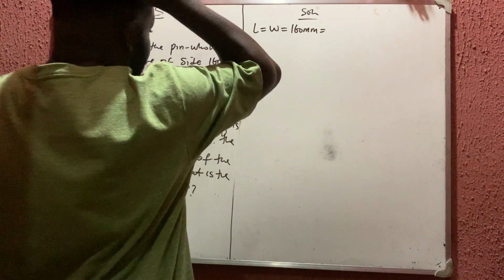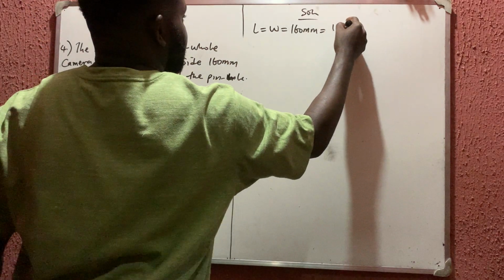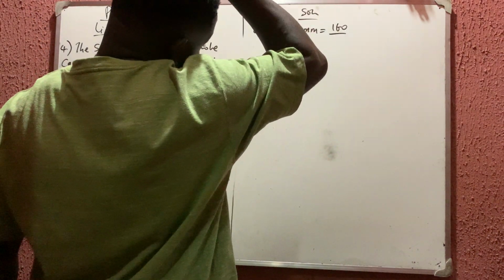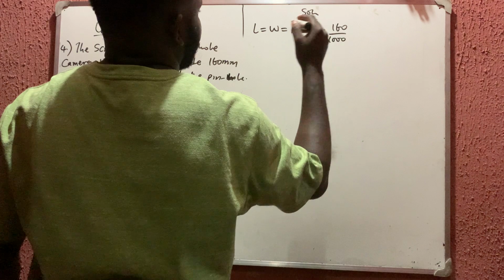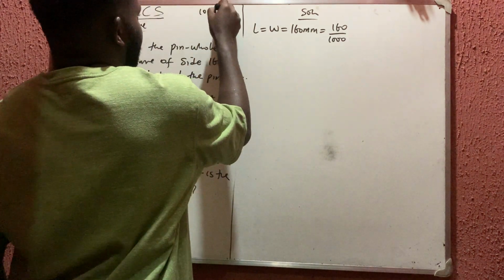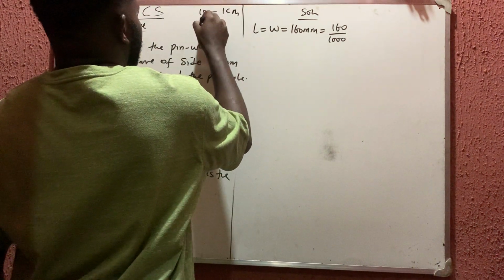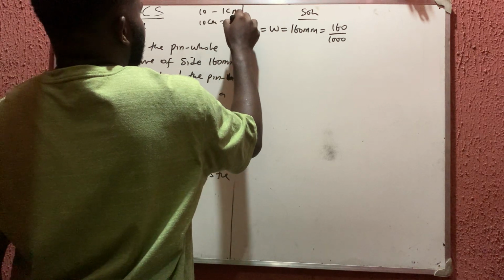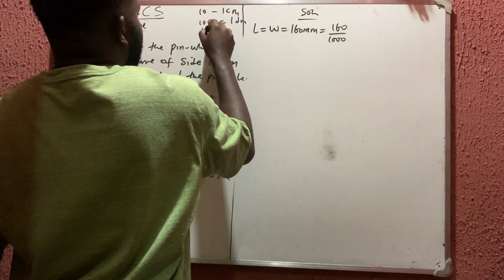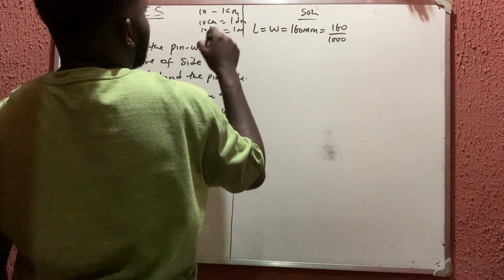You convert 160 millimeter: 10 millimeter make 1 centimeter, 10 centimeter make 1 decimeter, 10 decimeter make 1 meter.